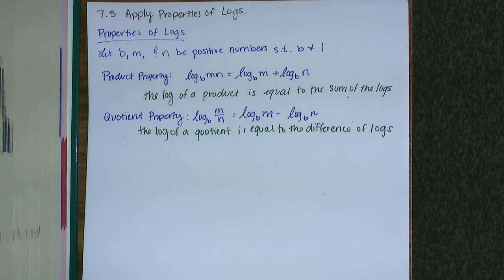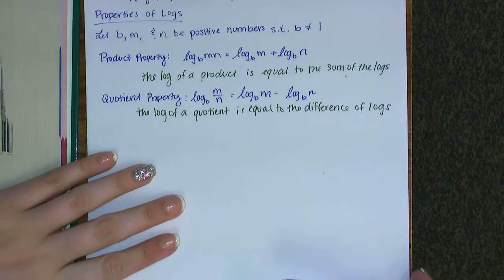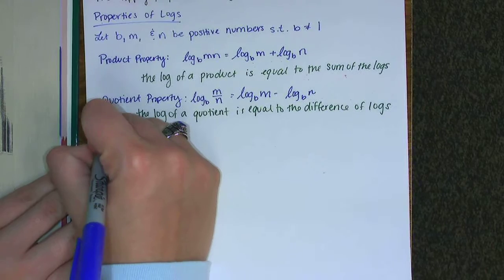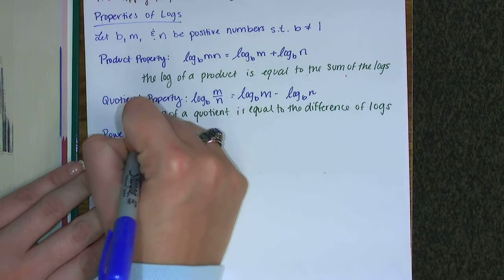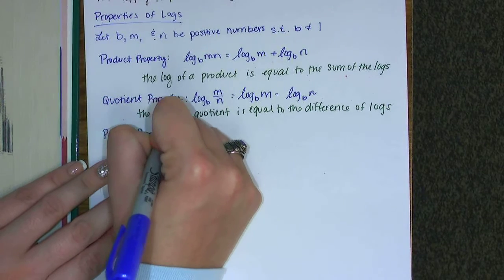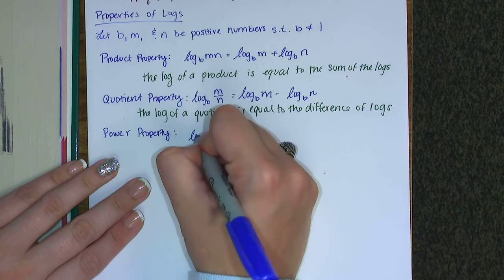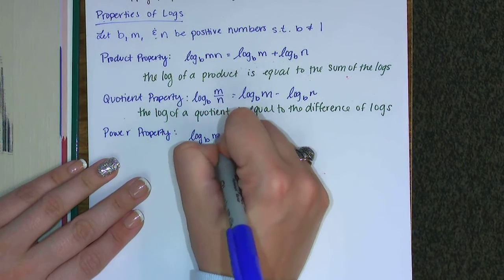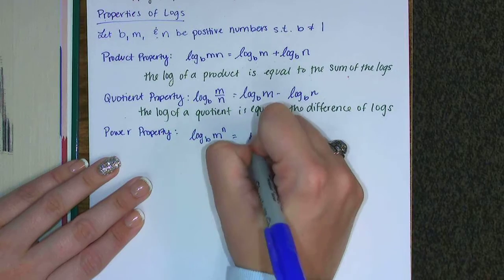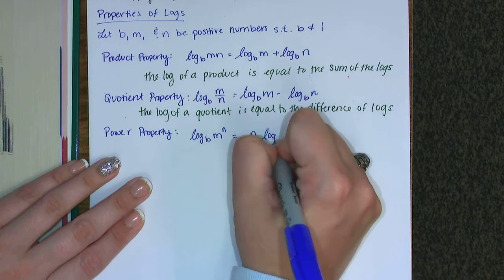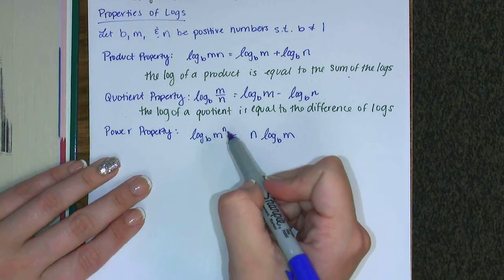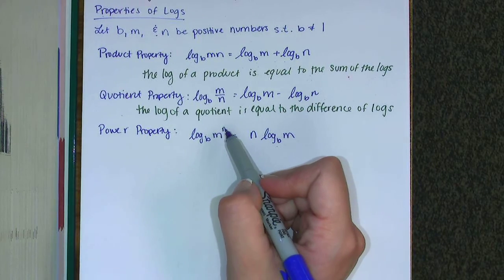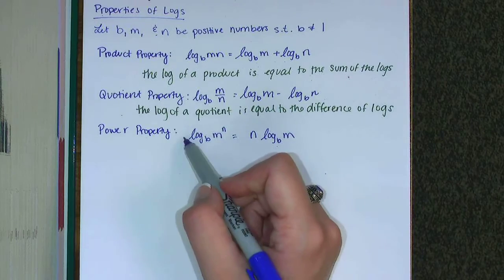And lastly, there's a power property, and unfortunately I don't have a little handy-dandy saying to go with this one, but power property: log base B of M raised to the N is equal to N log base B of M. So this is being raised to something, we take that power and we stick it out front.